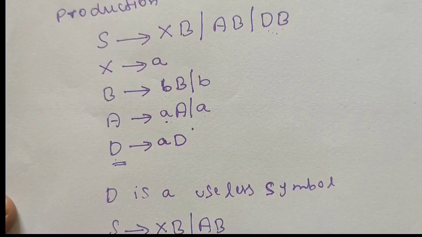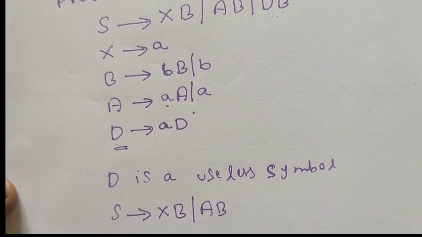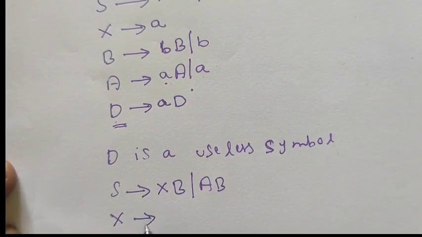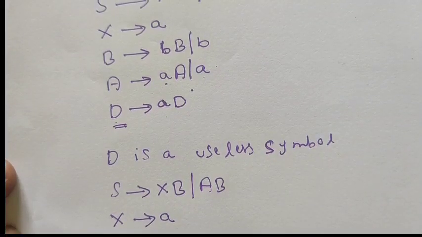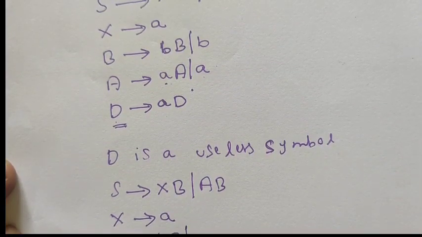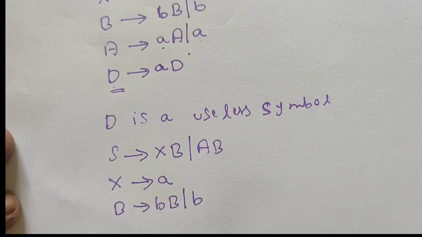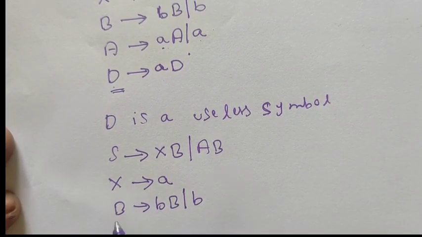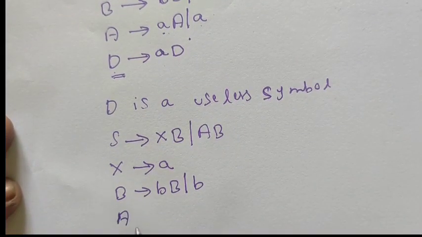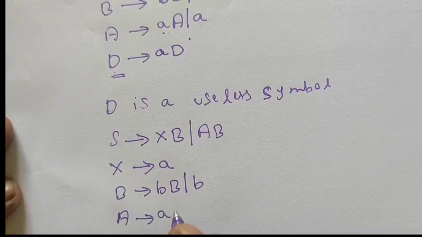Then X tends to a, then B tends to BB or b, then A tends to AA or a.